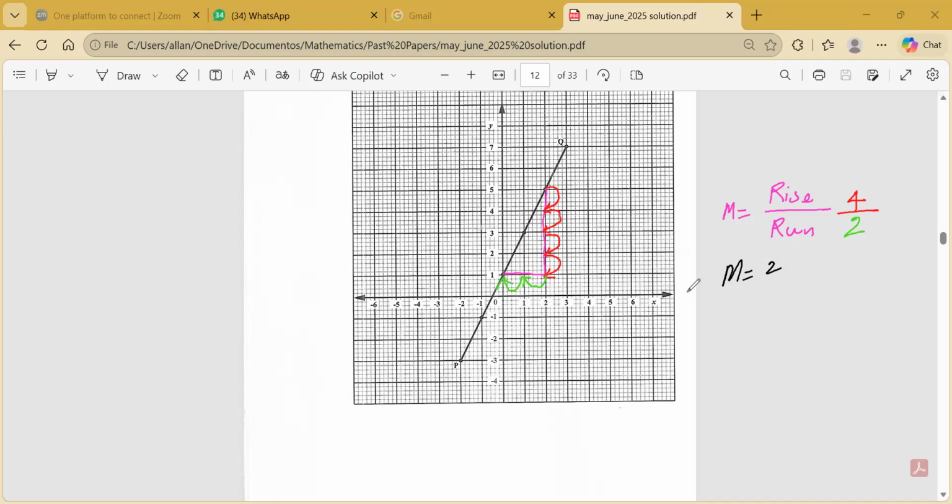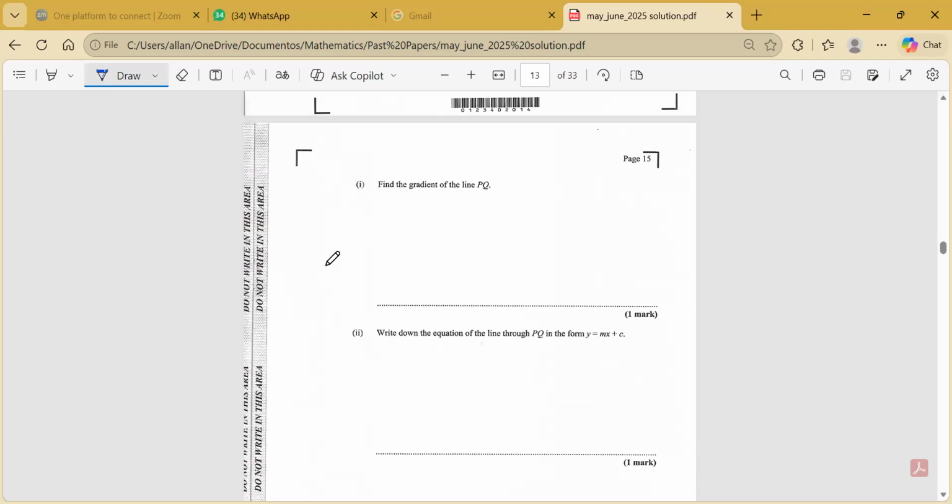And then they ask you the equation of the line. So let me just write this because I'll put it back in the chat. The gradient.